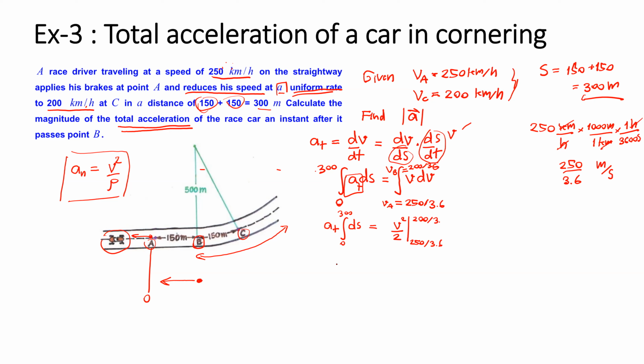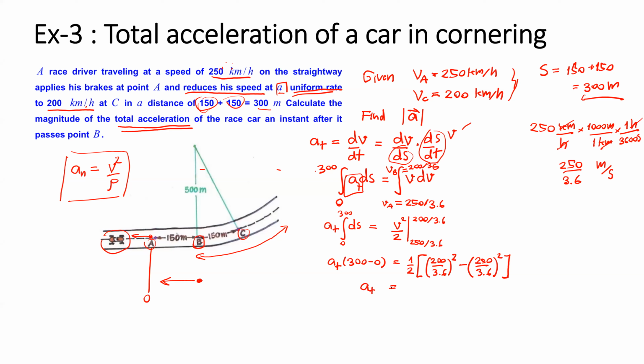And the tangential acceleration multiplied by 300 subtract 0 is equal to 1/2 of the 200 divided by 3.6 squared subtract the 250 divided by 3.6 squared. And we can compute the tangential acceleration by calculator.